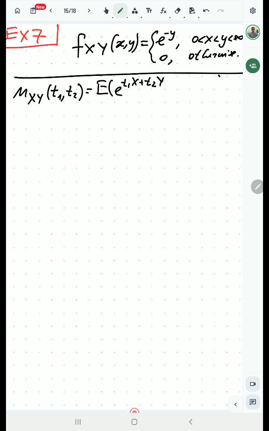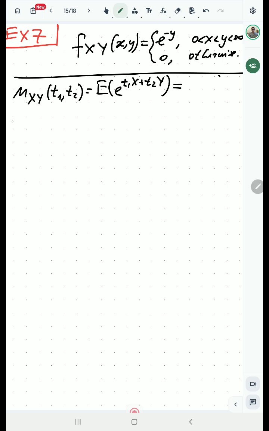We are supposing that t1 and t2 are positive and less than 1. Actually, in this particular example we'll see that we have to put the constraint that t1 plus t2 is less than 1 and they're positive values.